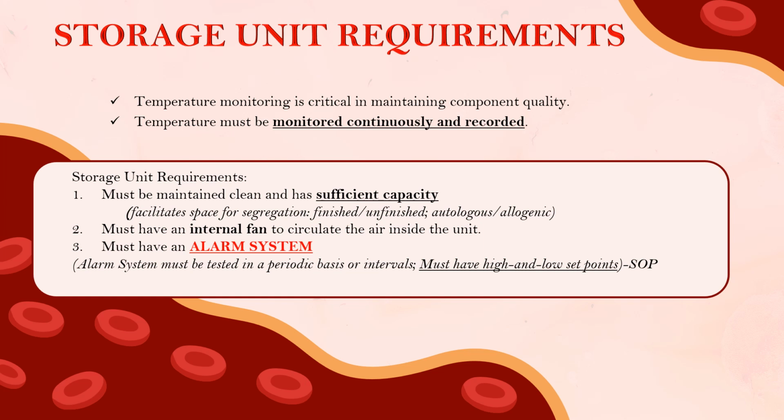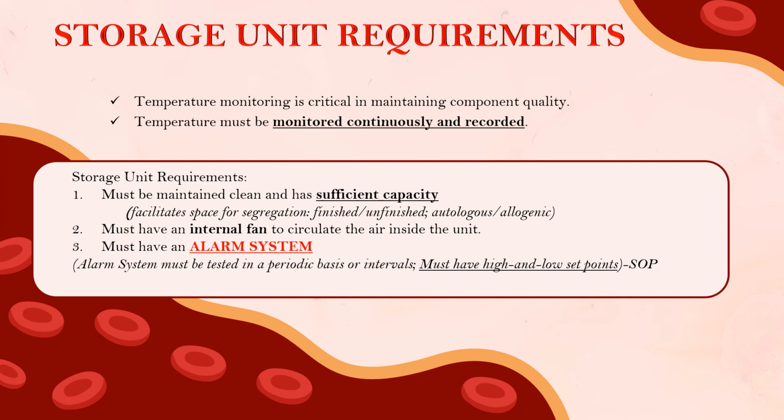So what are the storage unit requirements? Okay, number one, storage units, or blood bank refrigerators and freezers, must be maintained clean and have sufficient capacity. It should also allow enough space for component segregation as to finished products, unfinished products, and autologous and allogeneic donation products.